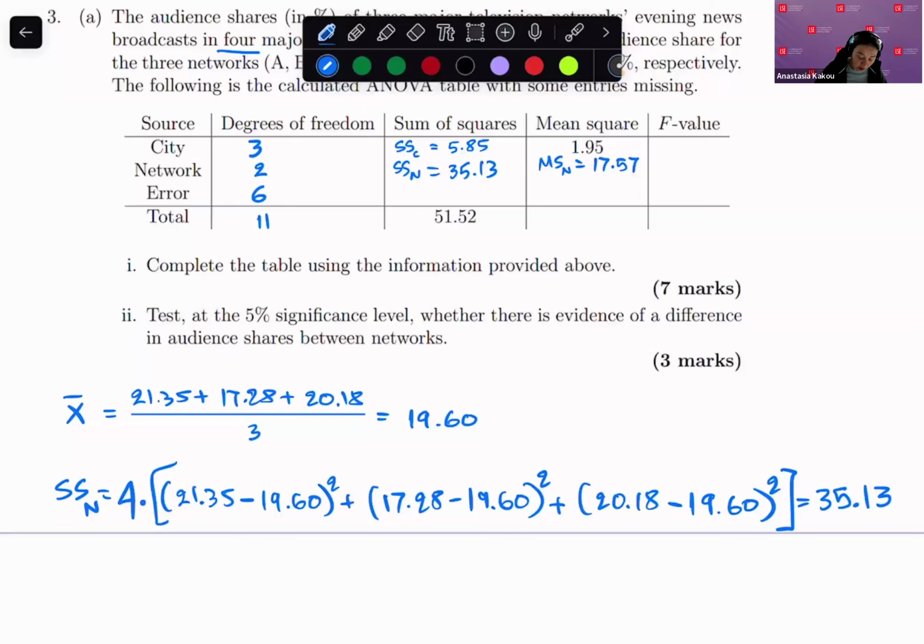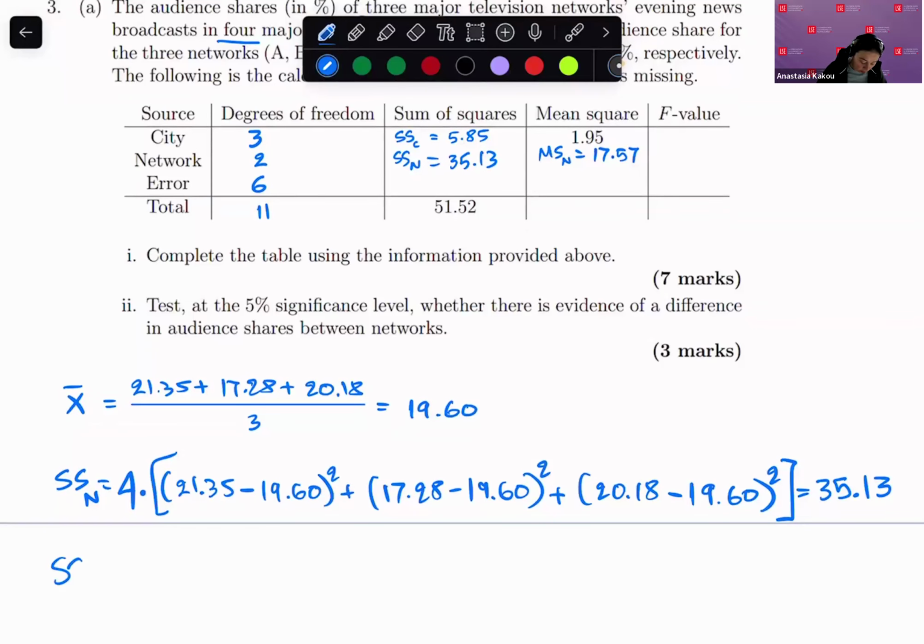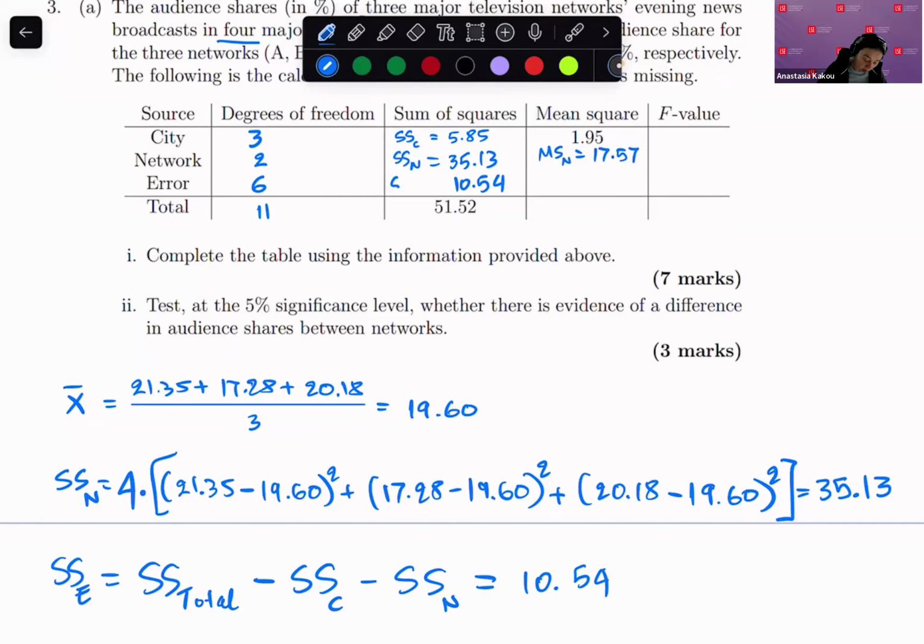The sum of squares of the error, sometimes we call it residual, is the total sum of squares minus the sum of squares of the city minus the sum of squares of the network. So plugging in the numbers will give you 1054. We can write that there, which is the sum of squares of the errors.